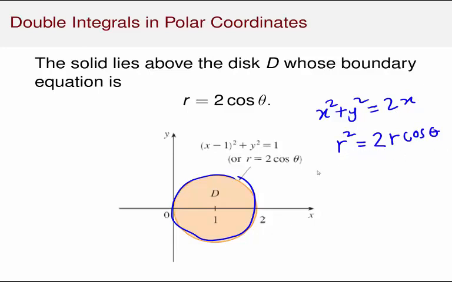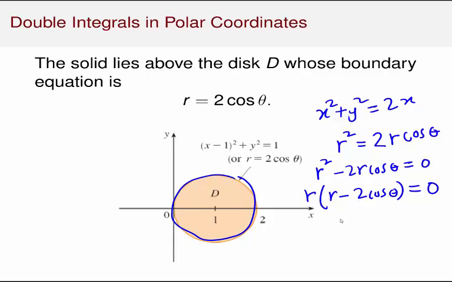After rearranging, we have r squared minus 2r cosine theta equals 0. And factoring out the common factor r, we have r times (r minus 2 cosine theta) equals 0.